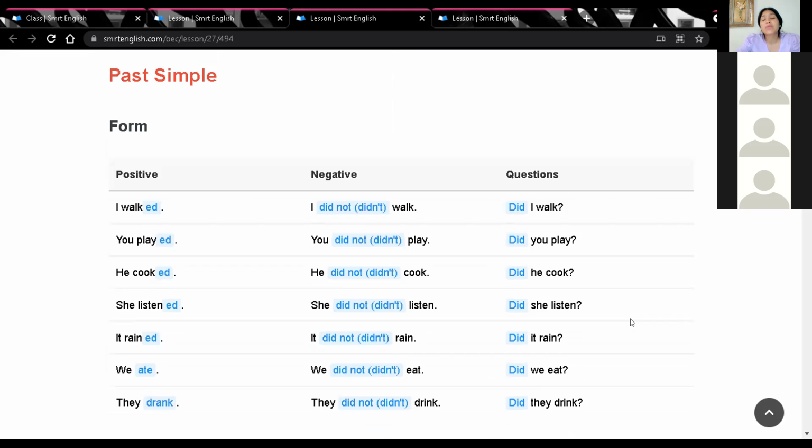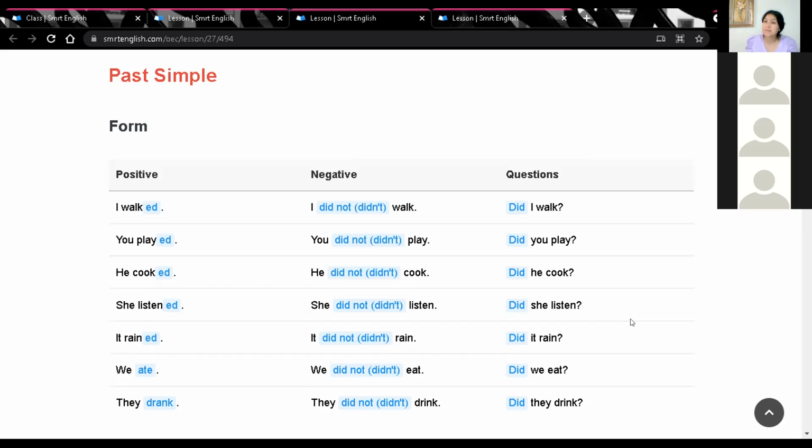When we have a regular verb, such as walk, play, cook, listen, rain, etc., we are just going to add ed at the end of this verb. For example, walked, played, cooked, listened, and rained. And in the negative form, we are going to add did not, which in the short form and most common way to use it is didn't. Didn't plus the verb in the base form.